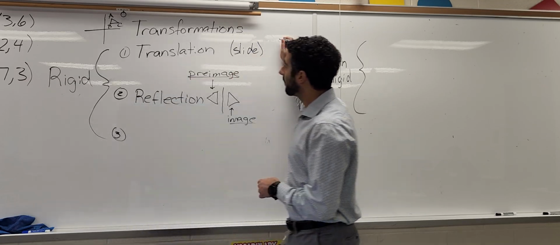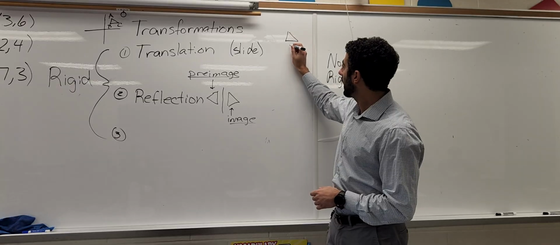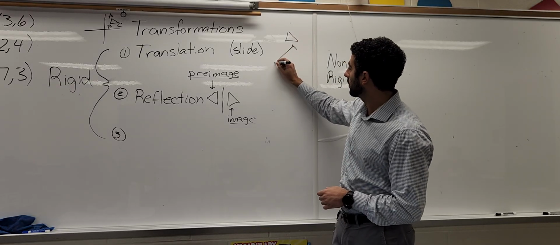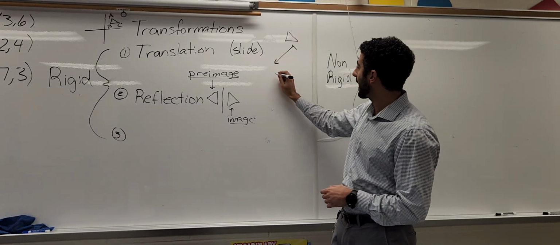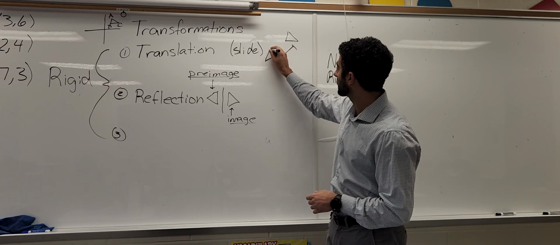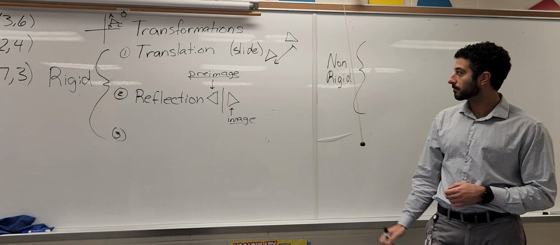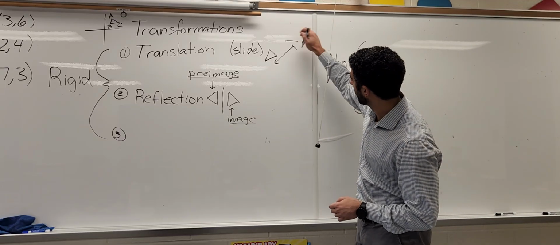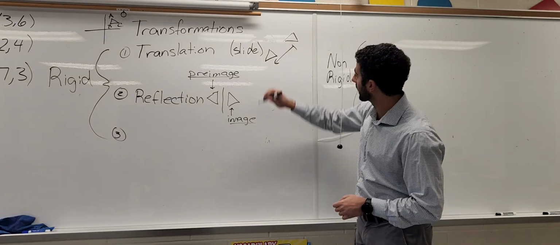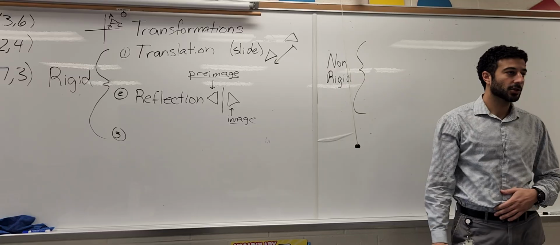So you have some triangle, and then I want to slide it by a vector going that direction and that magnitude, and now my triangle is here. It's a slide. It should be the same orientation though, I kind of drew it funky. Something like that. That's a slide. That's a translation.